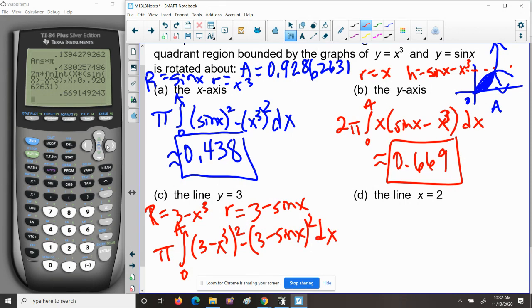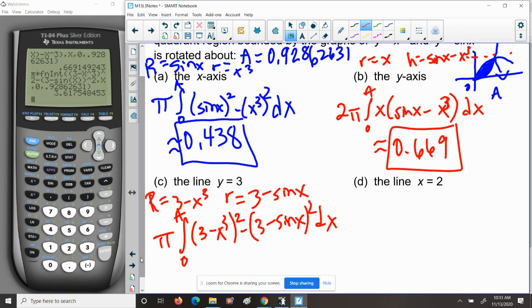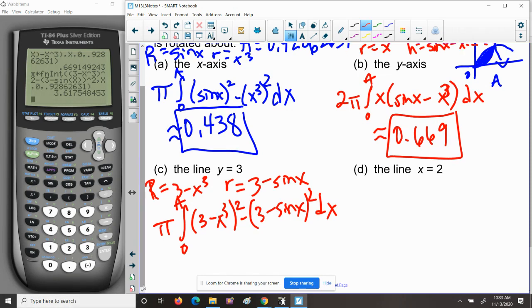Okay, if we go to type that in, we need pi times the integral of 3 minus x cubed all squared minus 3 minus sine of x all squared, comma x, comma 0, comma 0.92862631. And that gives us 3.618.